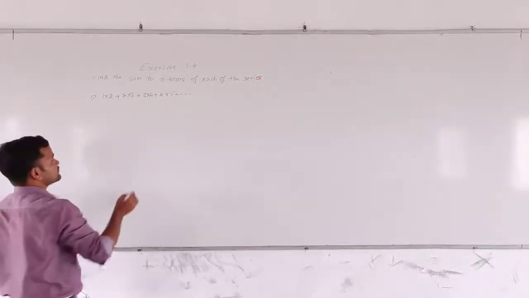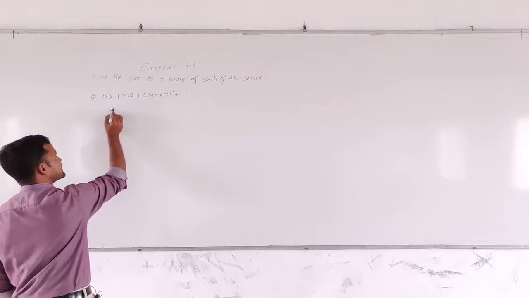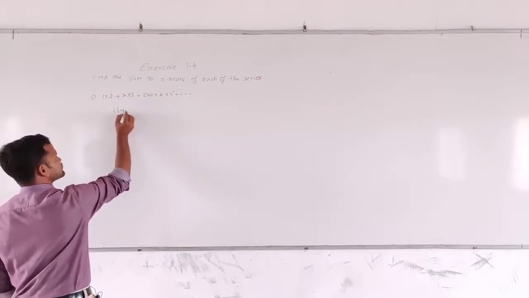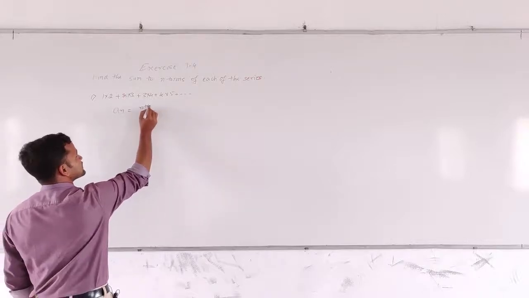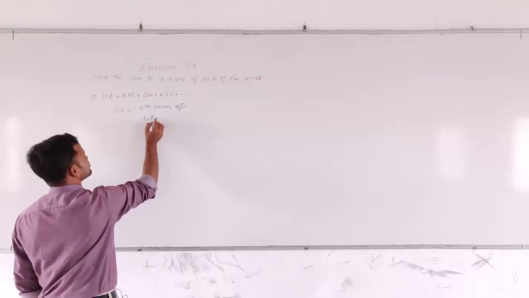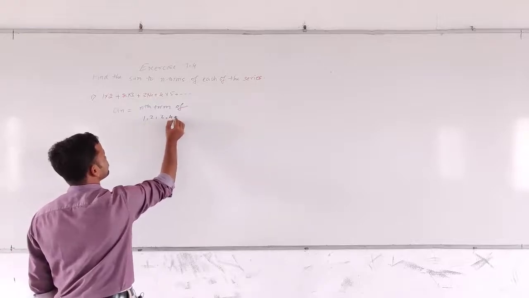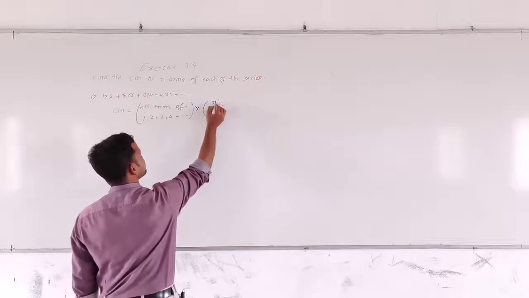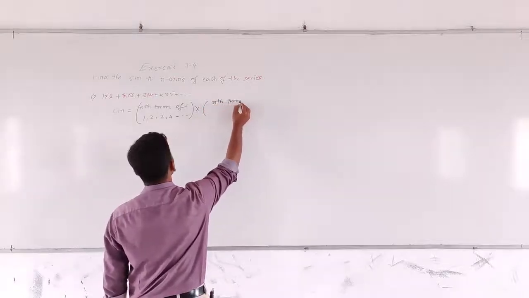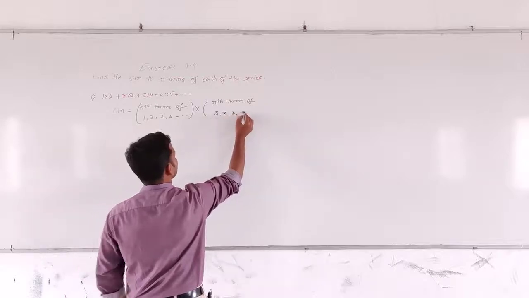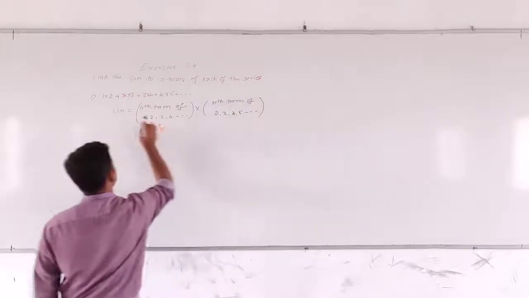Now, the nth term an is equal to the nth term of 1, 2, 3, 4, and so on, multiplied with the nth term of 2, 3, 4, 5, and so on. Multiplication is there.